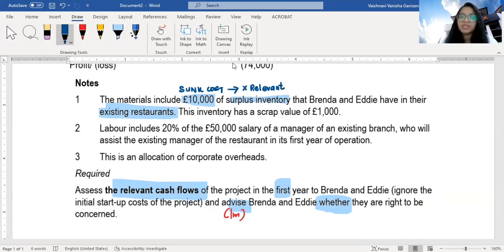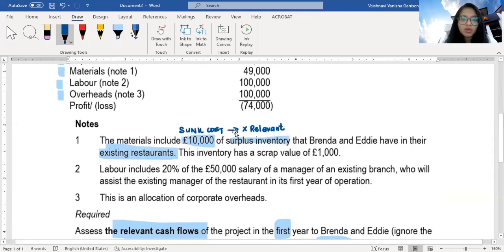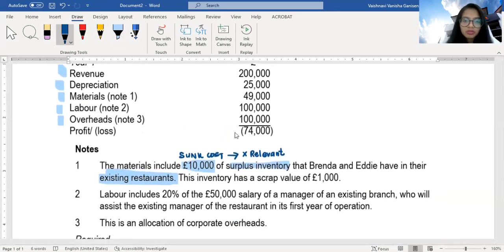Because it is not relevant, what I want you to do is minus this 10,000, because he included this cost inside the 49,000, but it's not relevant. So you exclude it. Now, this inventory has a scrap value of 1,000 pounds. Remember I told you future cost is a relevant cost.